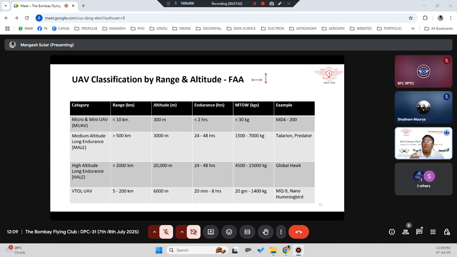Okay, so these normally will be large because it's basically a cargo drone. It delivers the cargo.